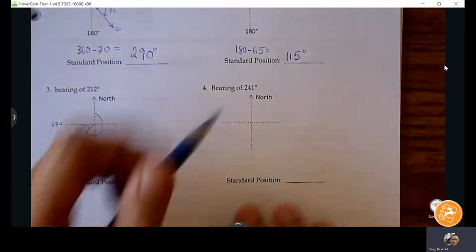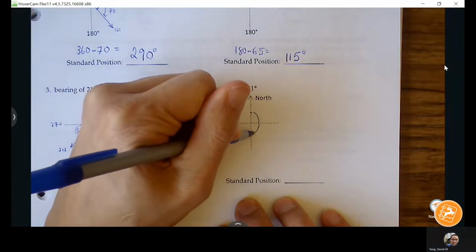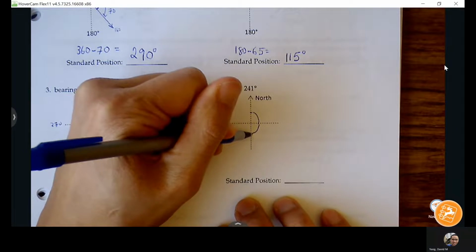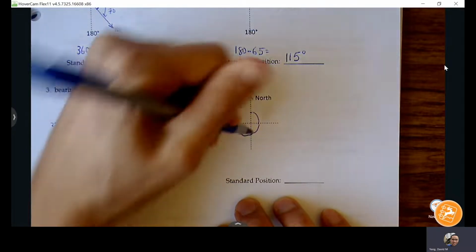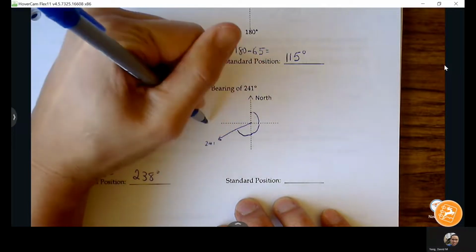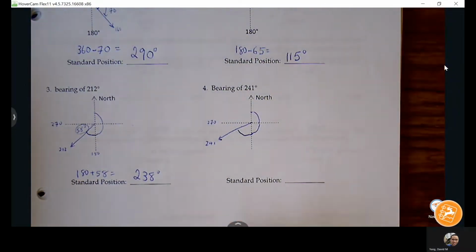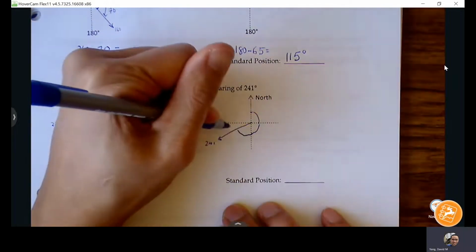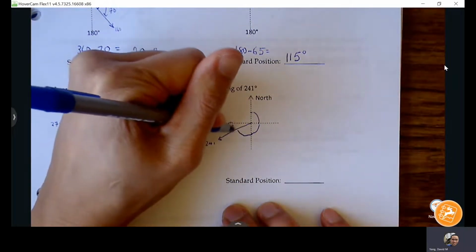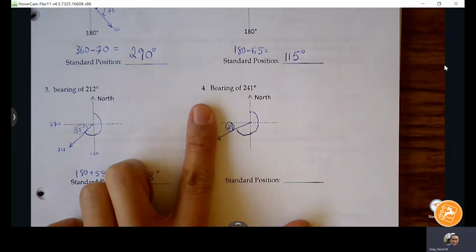Okay, 241. So from here, 90, 180, 241 is going to be less than 270 here. So if I can find that reference angle, I can now ignore these numbers and just add it on to 180 to get something that lands in the third quadrant.